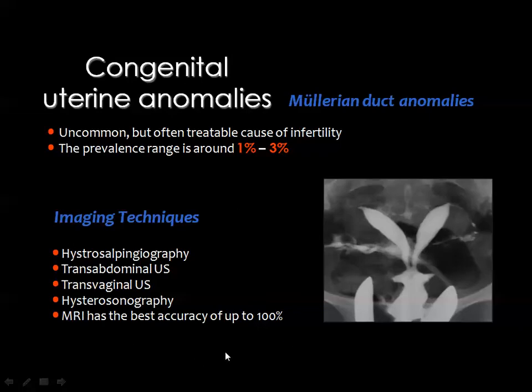Previously, hysterosalpingography was one of the major tools, and it is still used up till now for evaluation of suspected uterine anomalies. Then there are transabdominal and transvaginal ultrasound, and MRI, of course, is one of the most accurate tools for evaluation of congenital anomalies of the uterus.